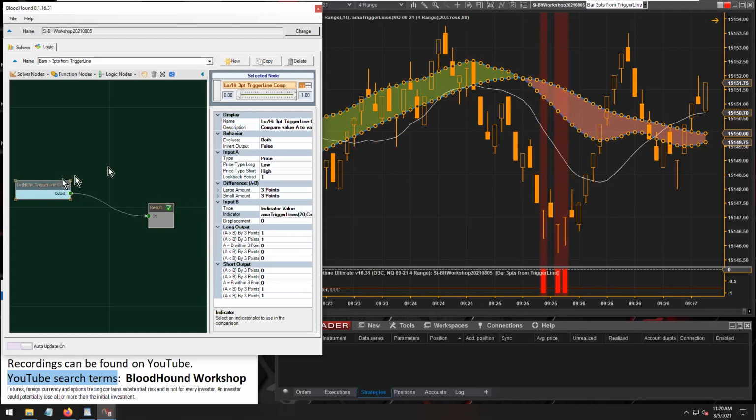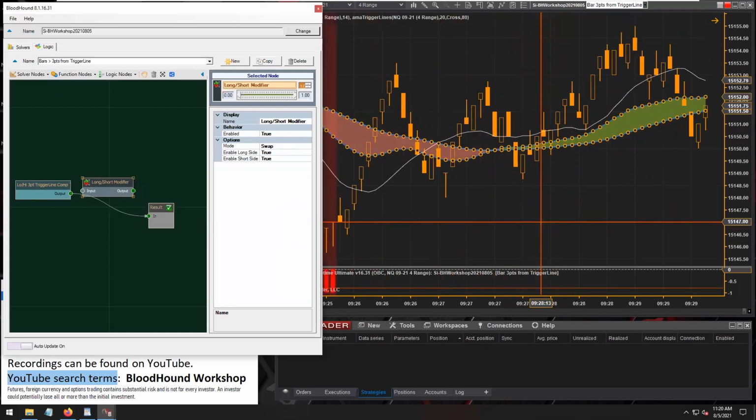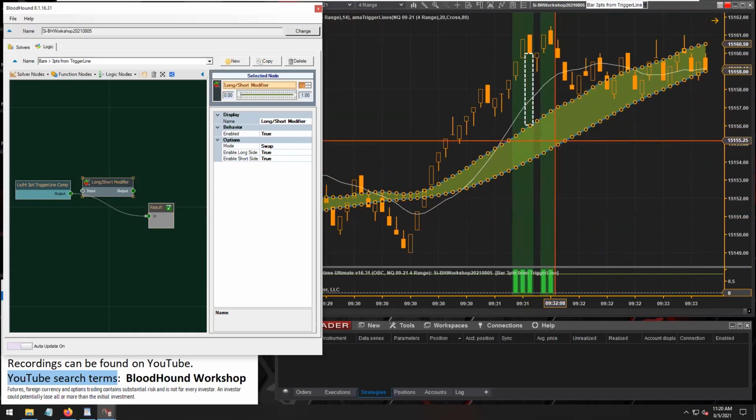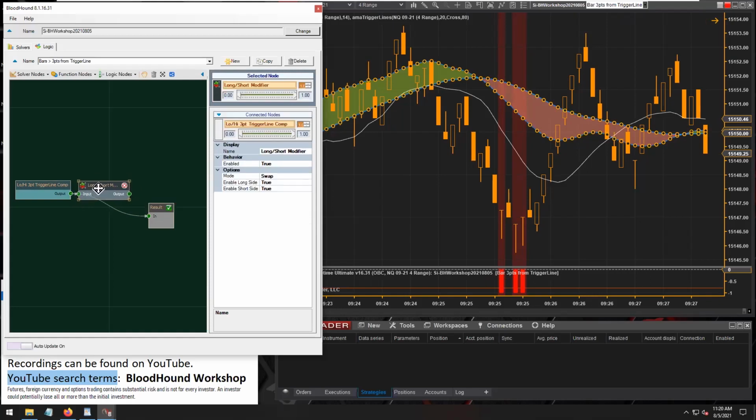With that, we're now going to feed that into a long-short modifier. As we can see, we're getting either a long output or a short output, one or the other. To make this universal to block long and short signals, we're going to put this into a long-short modifier.